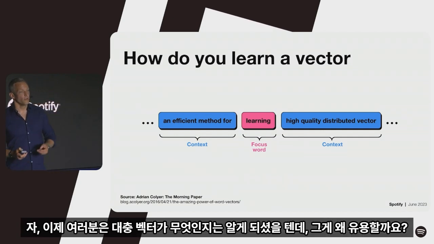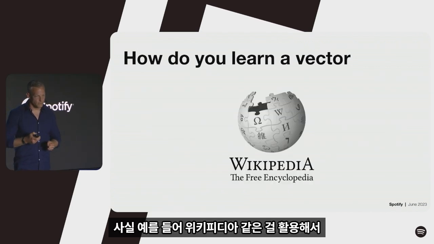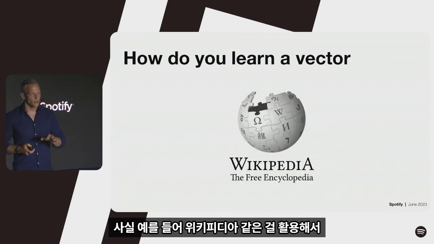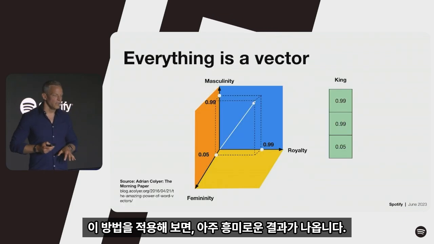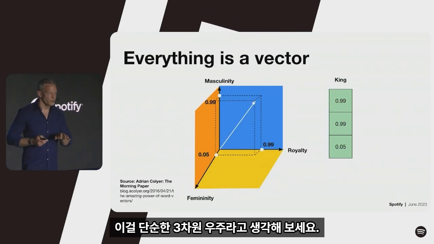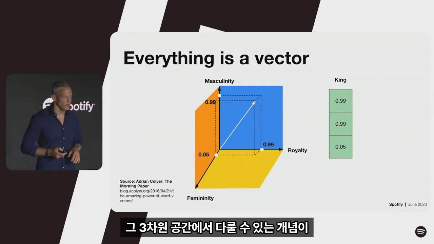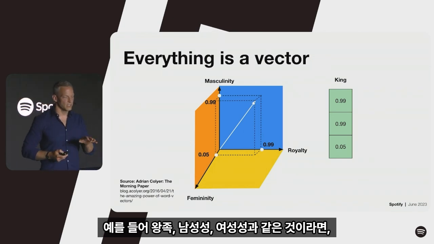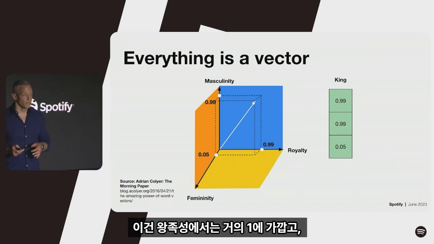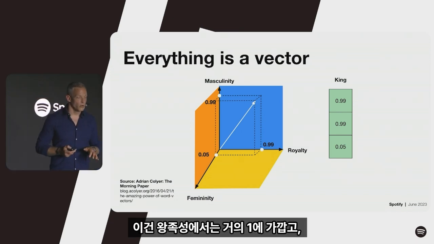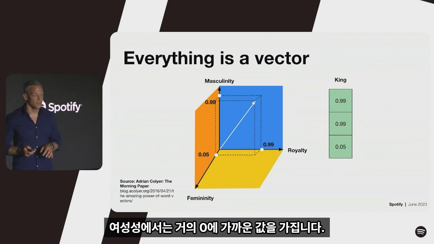Okay, so now you kind of know what a vector is, but why is it useful? Well, it turns out that if you go through all of Wikipedia and do this, and you think of it in our simple three-dimensional universe, where there are only three dimensions, royaltiness, masculinity, and femininity, you have this vector king that is almost 1 on royalty, almost 1 on masculinity, and almost 0 on femininity.